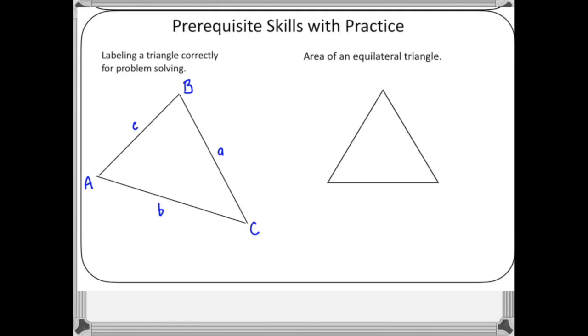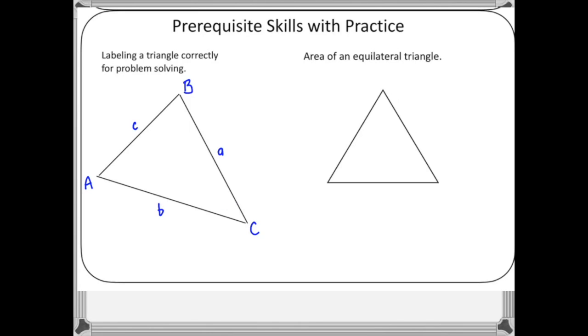Anytime that we label problems that you're going to see in the video and in some of the other activities we're going to practice, that's what it's talking about: labeling the sides opposite, like that.